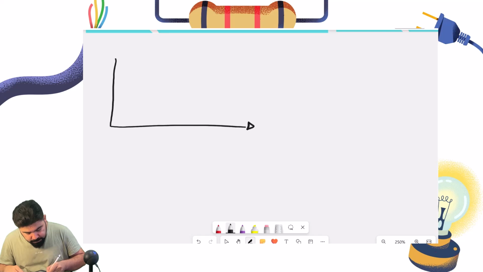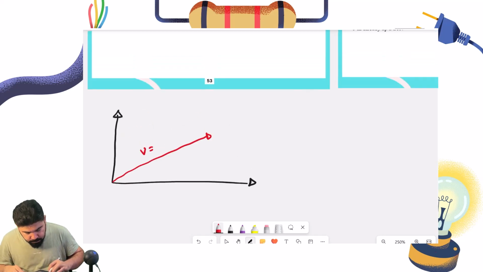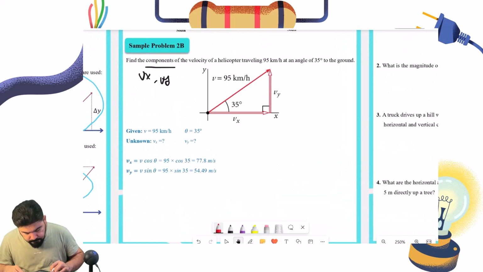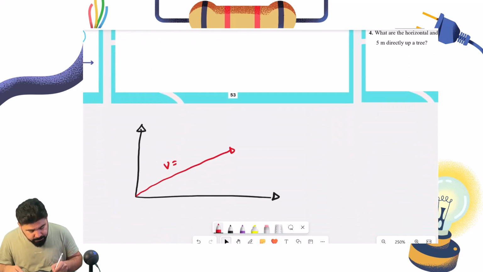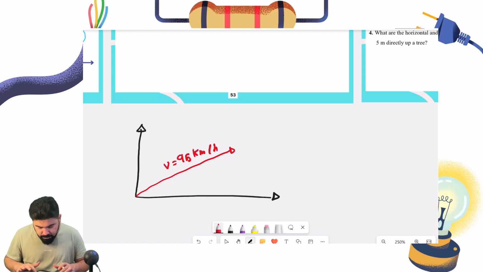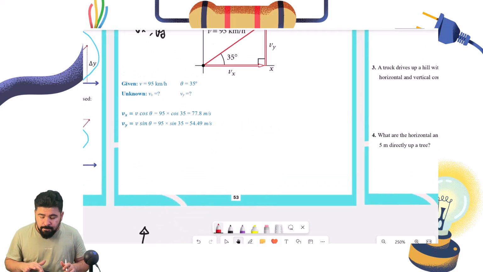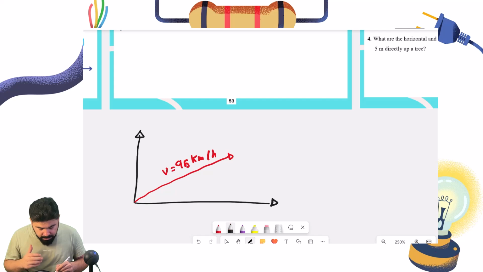We have an airplane, v is equal to 95 kilometers per hour.